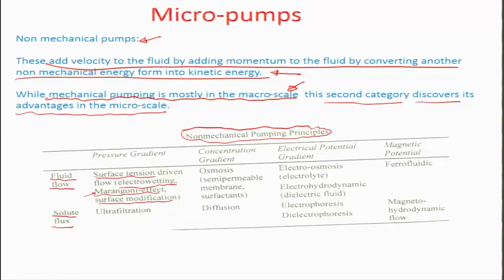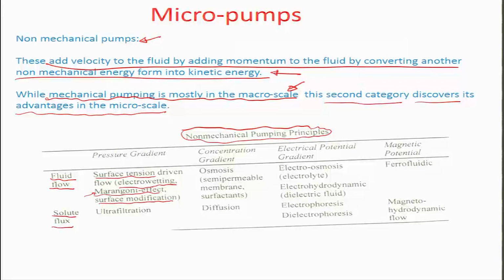Or by surface modification you could create a gradient surface energy surface, with increasing hydrophilicity, through which a water droplet can move uphill, or a water droplet can move from one place to another at the same potential level. It happens because of the gradient surface that has been created with different surface tension, surface energy, and so on.